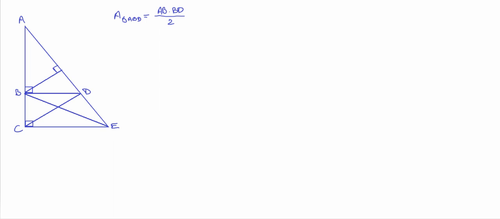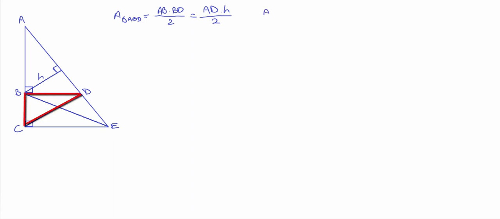But at the same time I can also choose AD to be the base for the same triangle, and if I call this line here H, it's going to be the height of the ABD triangle, so AD times H divided by 2.